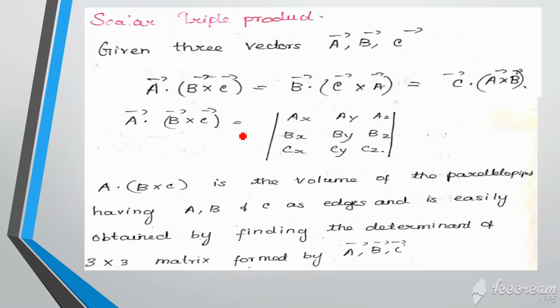Simply write the 3 vectors in a 3 cross 3 matrix and find the determinant of this matrix, then we get the answer for this scalar triple product. A dot B cross C is the volume of the parallelepiped having A, B, C as edges, and is easily obtained by finding the determinant of the 3 cross 3 matrix formed by A vector, B vector and C vector.